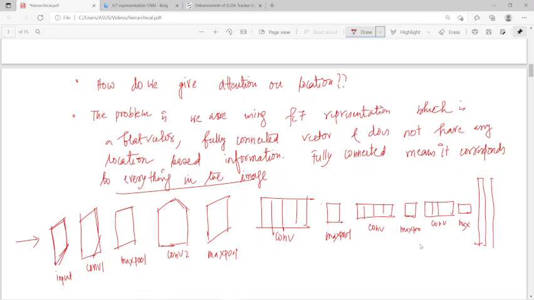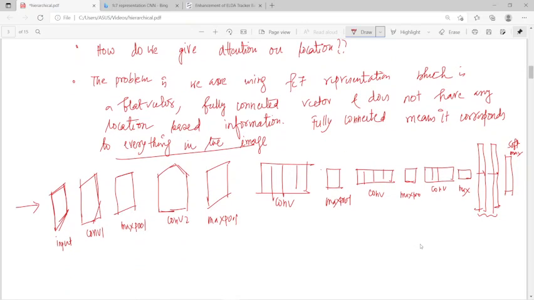This means everything is connected, and when you apply softmax you get the result. This is nothing but the fully connected layer, so we don't know which dimension corresponds to location.